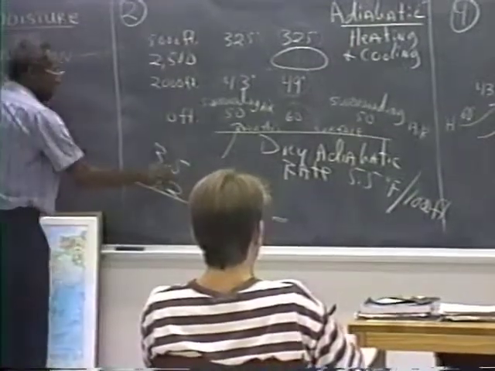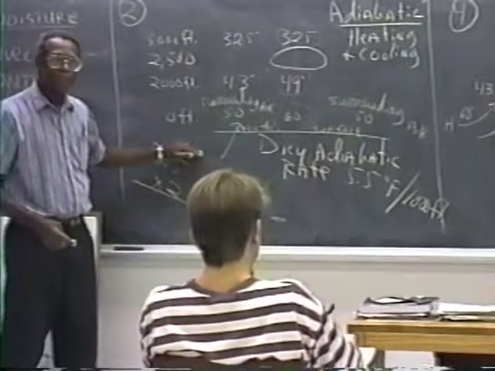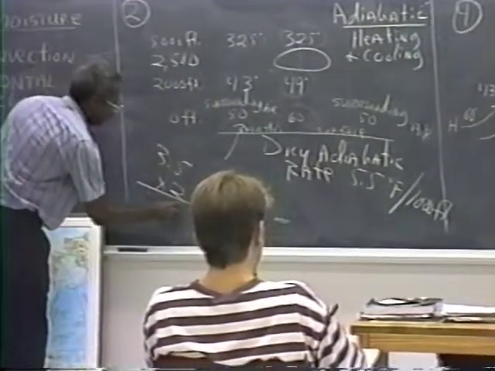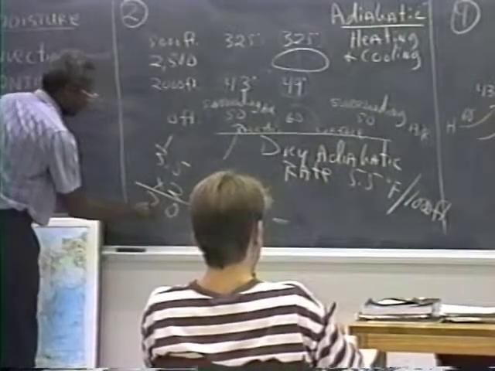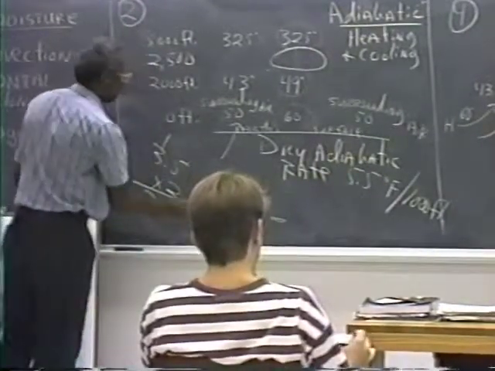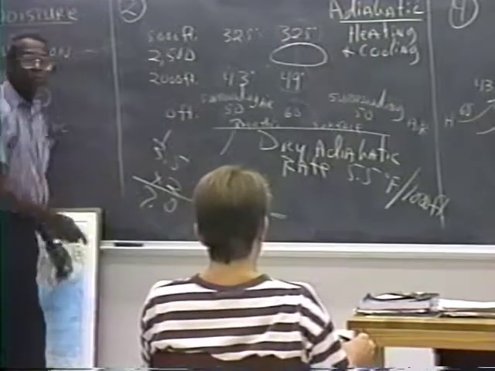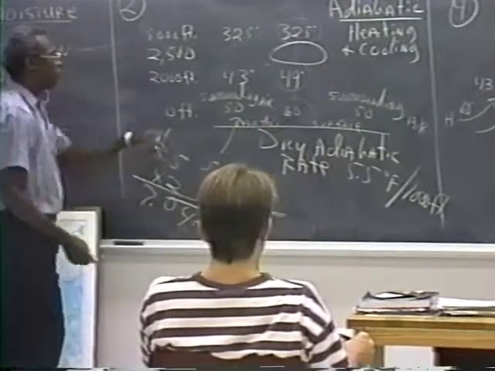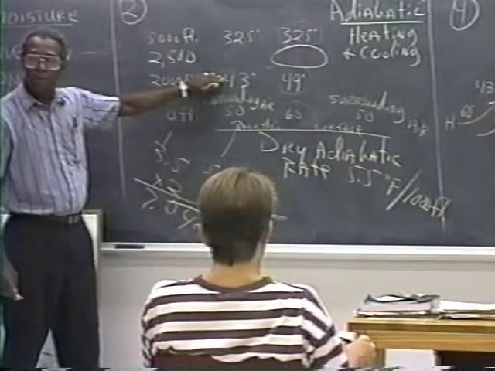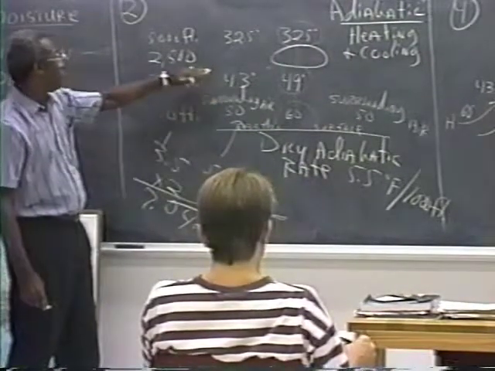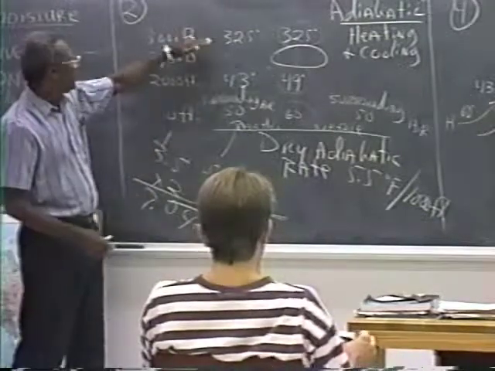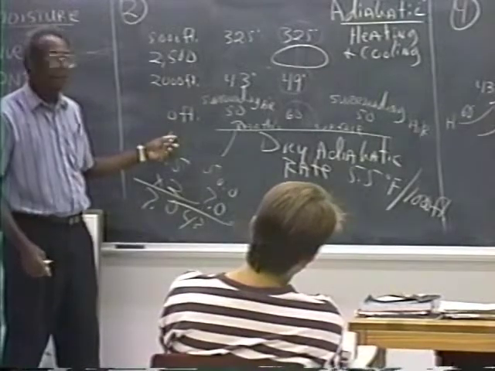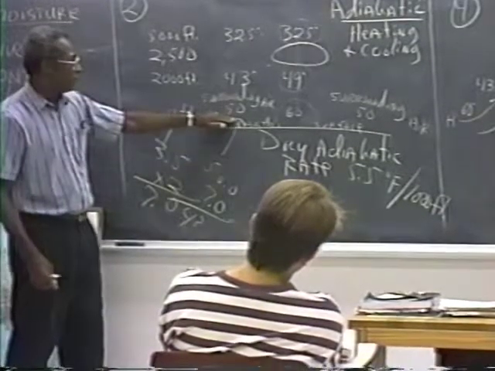And so we multiply 2 times 3.5, which is the normal lapse rate, and we get 7, and we subtract 7 from 50, which gives us the 43 degrees. And you do the same thing. You want to know the temperature of the surrounding air at 5,000 feet. You multiply 5 times 3.5 and subtract from 50.